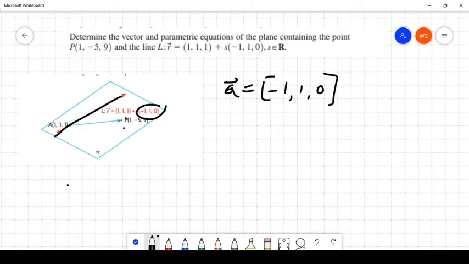What I can do is create a second direction vector by taking a point that exists on my original line and the other point, P, and create a vector out of them.